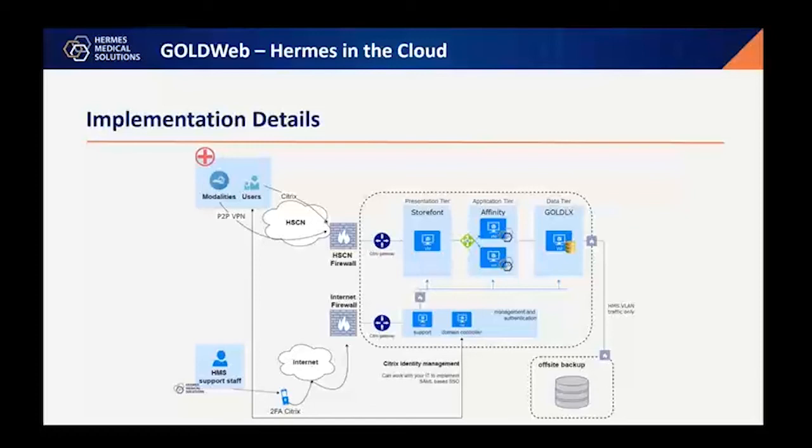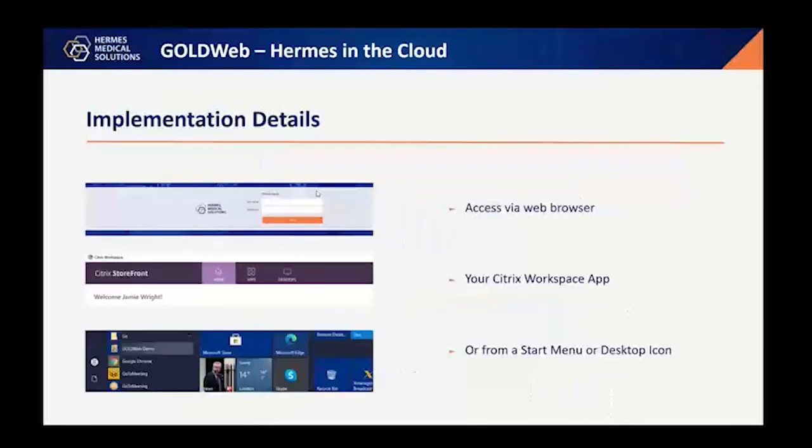So we do the domain control and the identity management, like for your usernames and passwords. So we control the environment, the updates and things. So it's a more secure, holistic implementation.